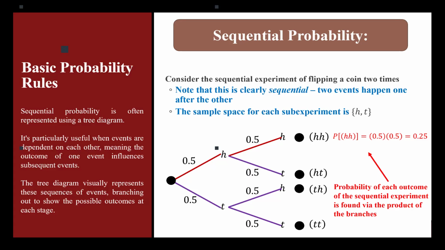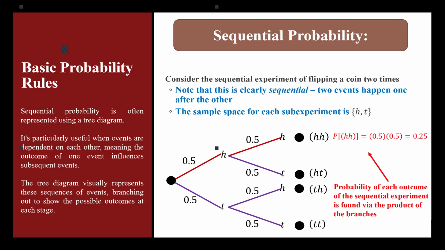After that, we flip again. For the second one, we can also have head or tail. So we can have head and head, head and tail, tail and head, and tail and tail. Does that make sense?